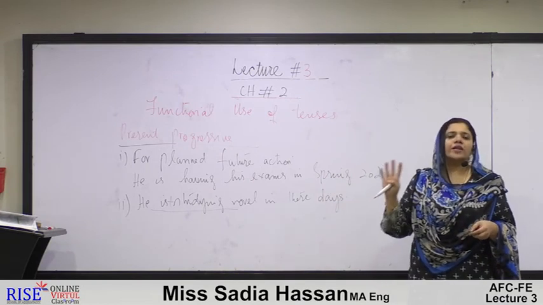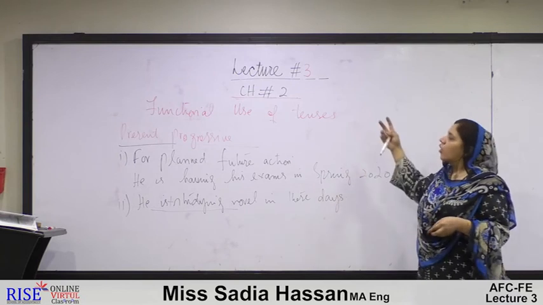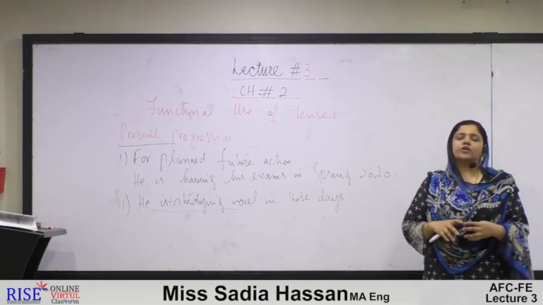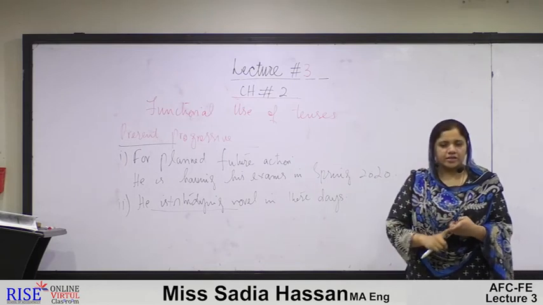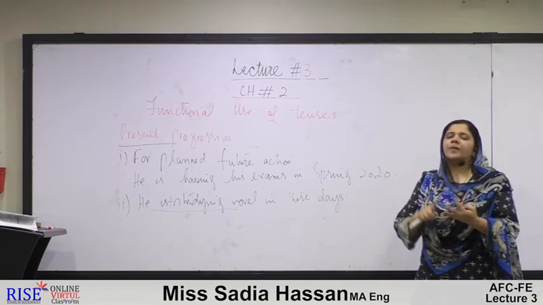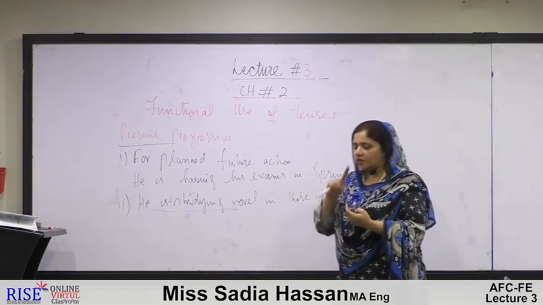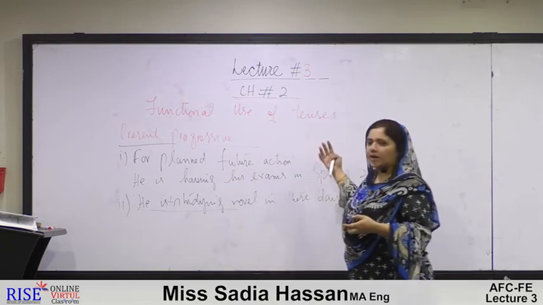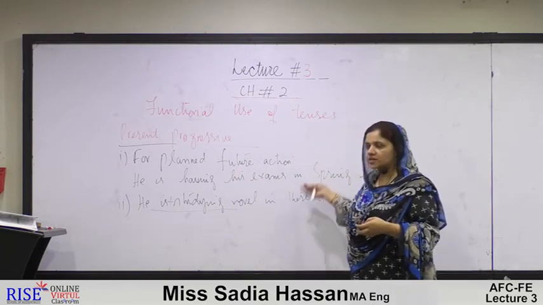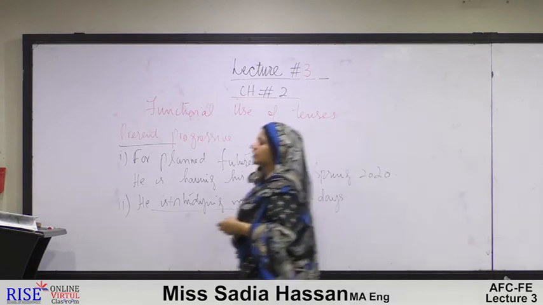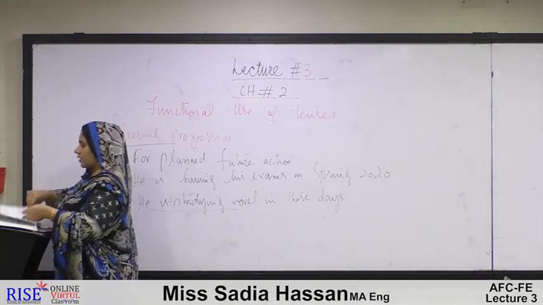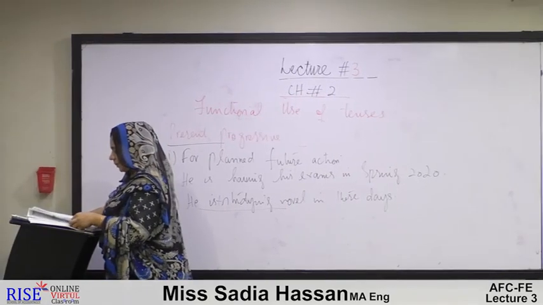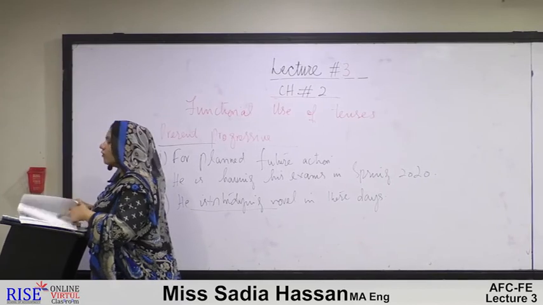So it was all the functional use of tenses. All the other tenses have functions which are very much coordinating to their structure, but these two tenses, simple present and present progressive, their functional use varies from their structure, which we have already discussed. The practice of this chapter lies on page number 46 to 48.